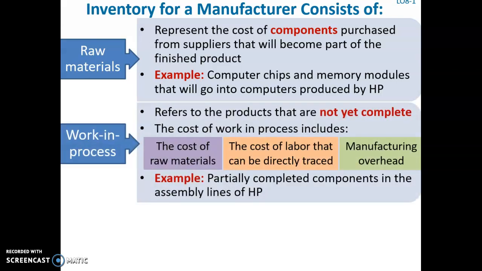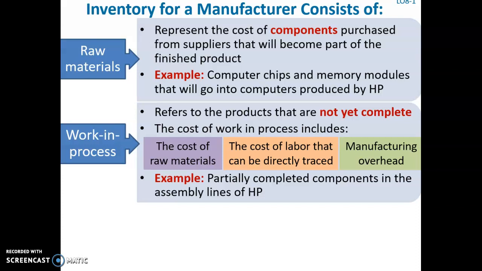Work in process inventory refers to the products that have begun the manufacturing process but are not yet complete. The cost of work in process includes cost of raw materials used in production, the cost of labor that can be directly traced to goods in process, and an allocated portion of other manufacturing costs called manufacturing overhead.